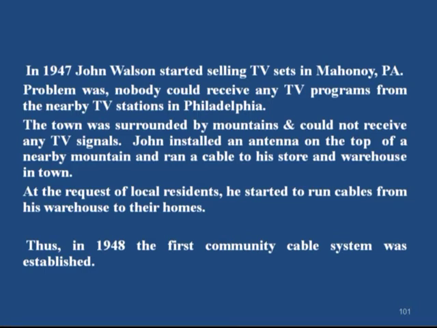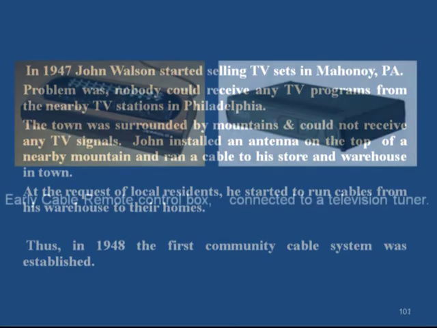The town was surrounded by mountains and could not receive any TV signals. John installed an antenna on top of a nearby mountain and ran a cable to his store and warehouse in town. At the request of local residents, he started to run cables from his warehouse to their homes. Thus, in 1948, the first community cable system was established.